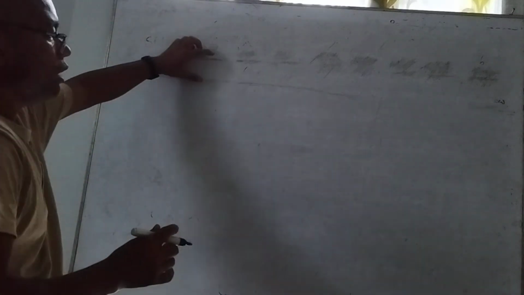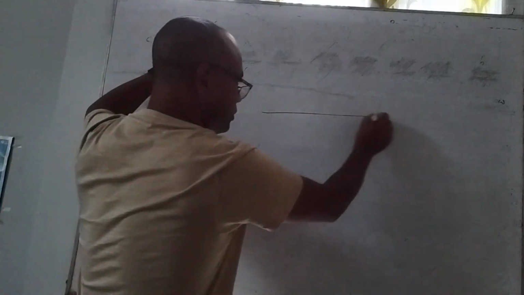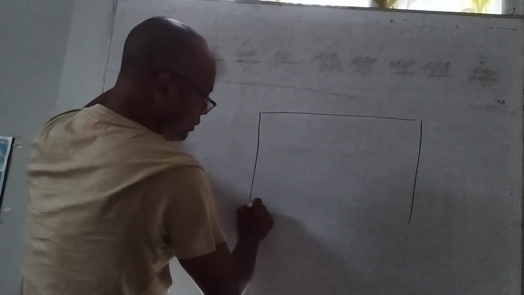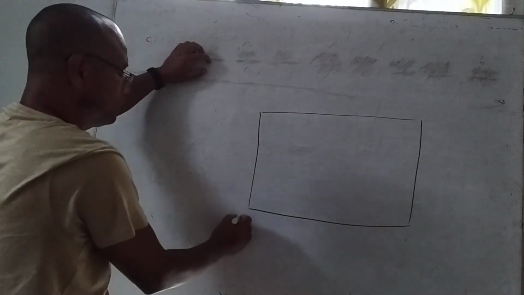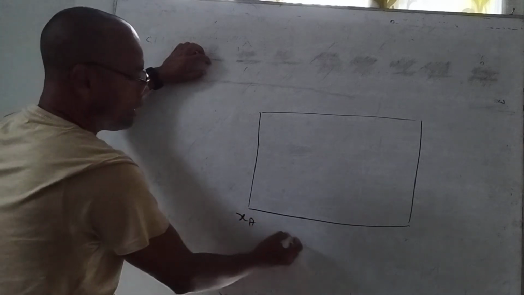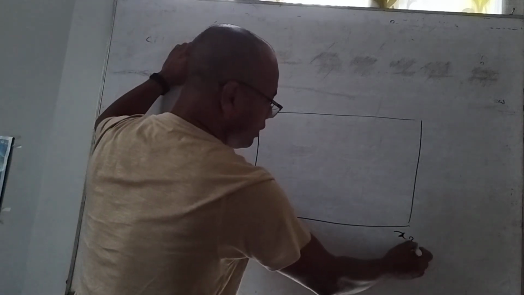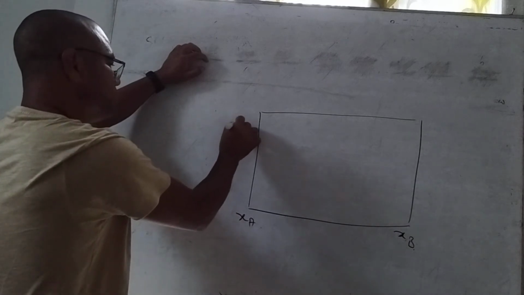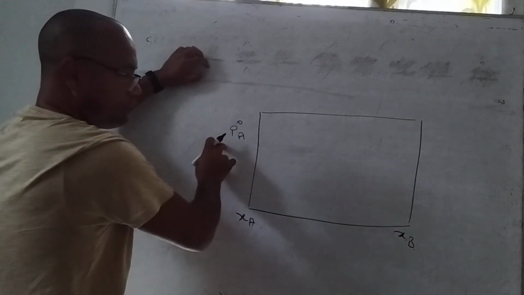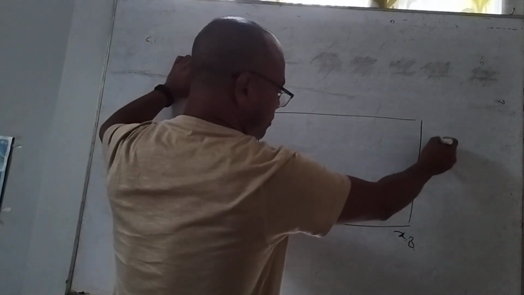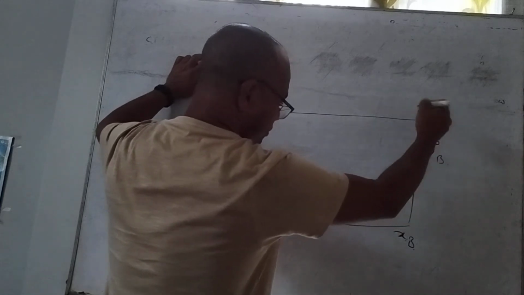And now, see, we draw the graph as we drew here. This is the component A side, this is the component B side. I put it here: this is the vapor pressure of component A in the pure state, and this is the vapor pressure of component B in the pure state.